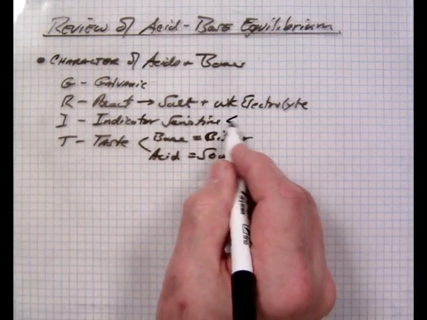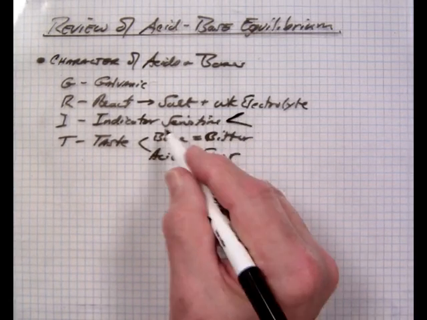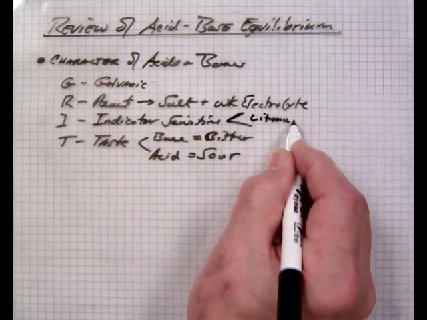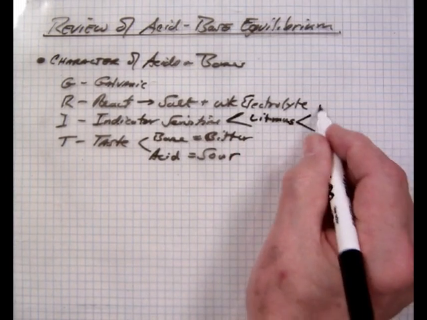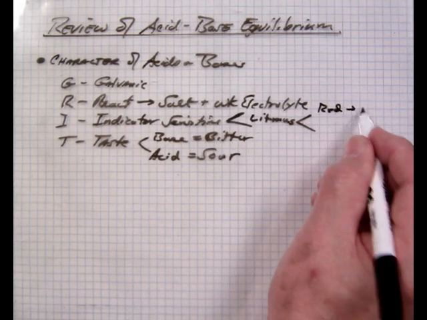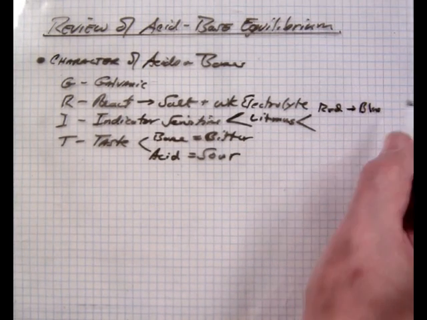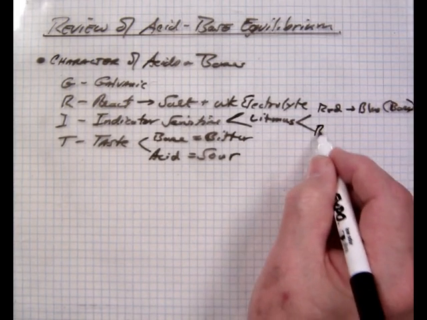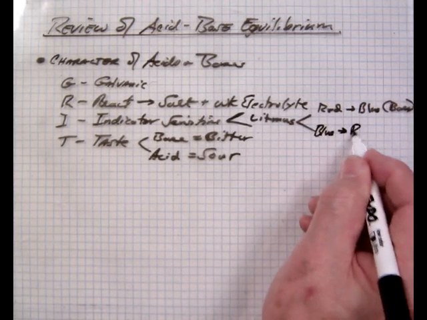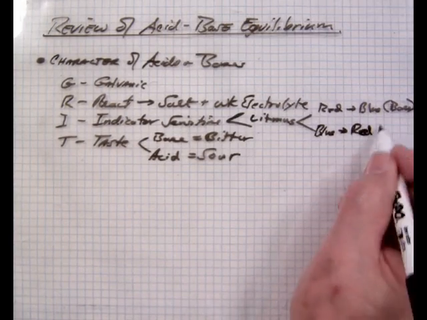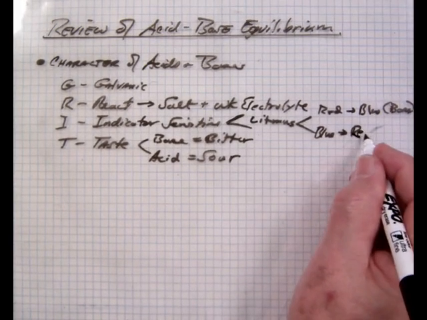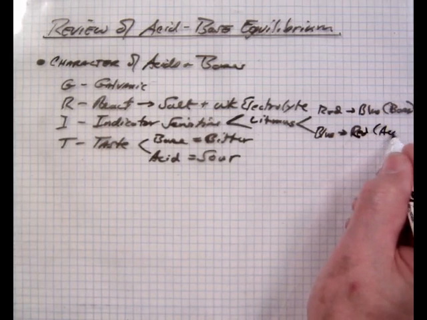Now, one of the things that I want you to remember on the indicators is litmus. Red litmus goes to blue when you're testing a base, and blue litmus goes red if you're testing an acid.